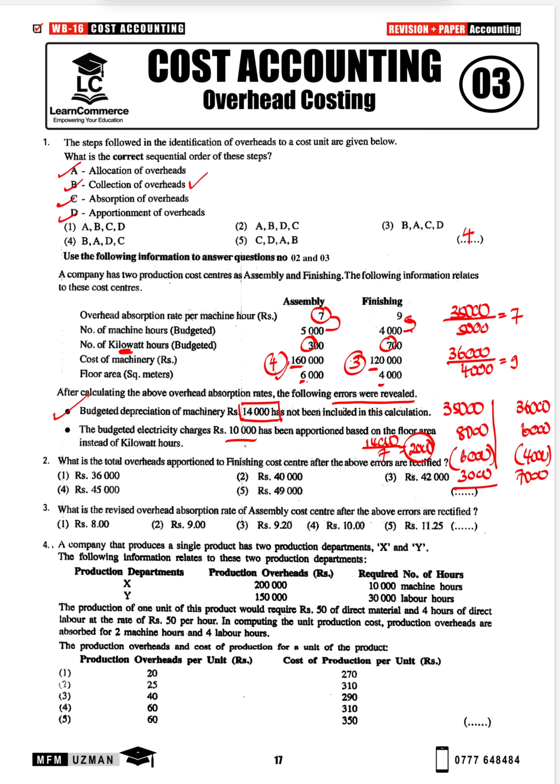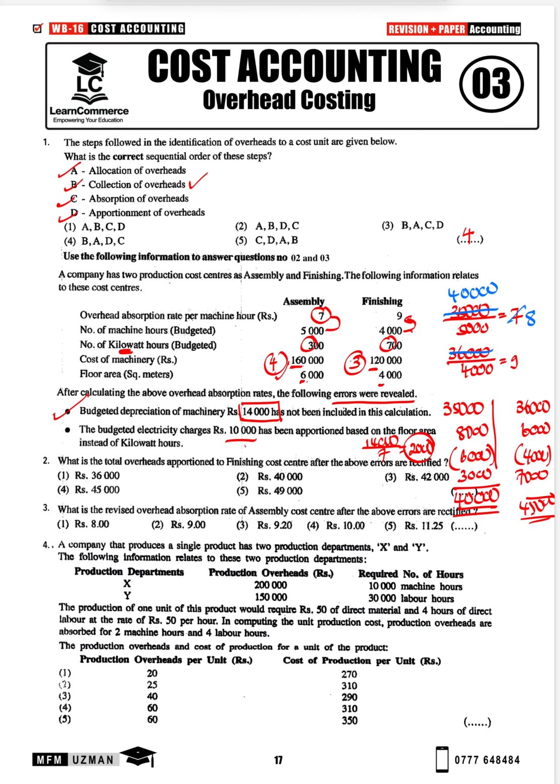So if you calculate, the correct overhead would be 35 plus 8 is 43, minus 6 makes 40,000, and here 36 plus 7 is 43, plus 6 is 49, minus 4 is 45,000. So now what can we understand? Instead of 35,000, it should be 40,000, which means the rate should be 8 rupees.